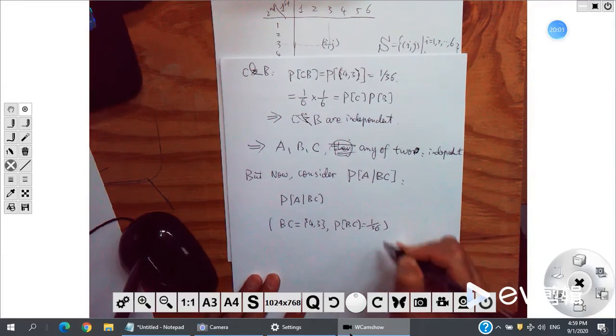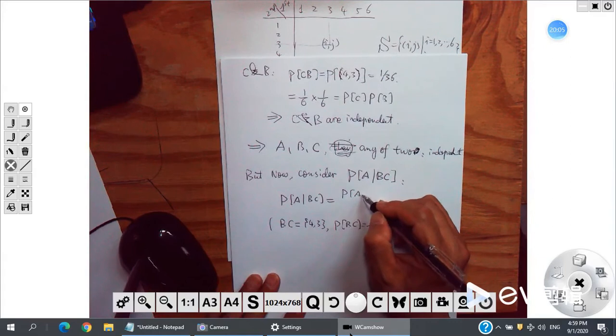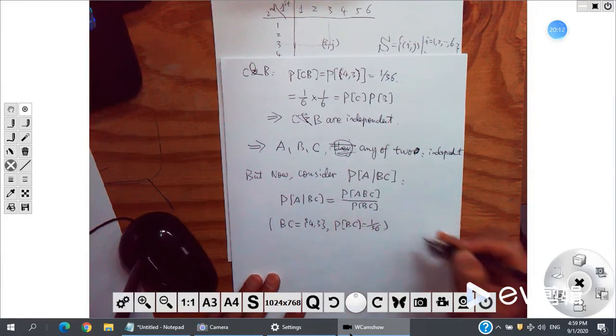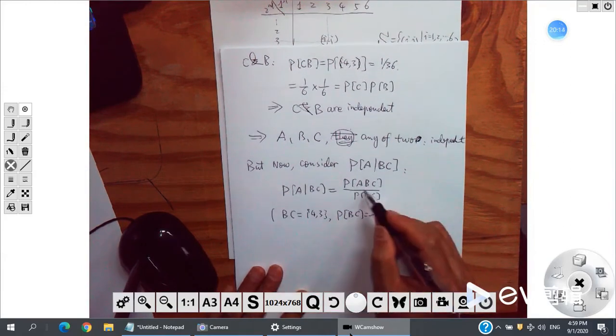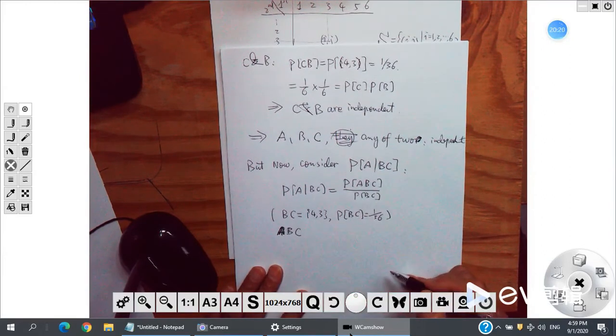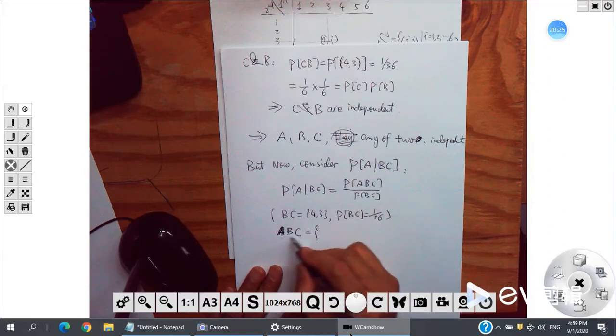Right, we already have these. And by definition this is P of A intersection with B and C over P of B and C. So here I also need the intersection of A, B, and C. What is A, B, and C? We need three conditions. 3 out of 3 happen.